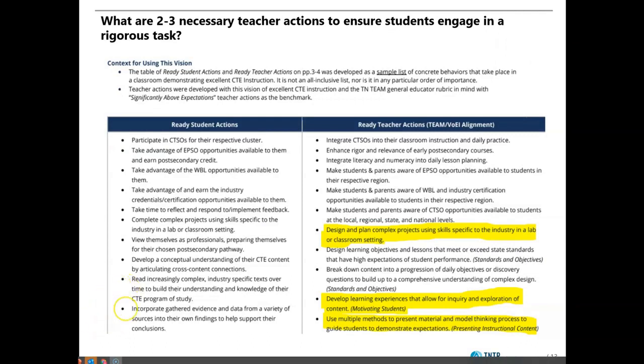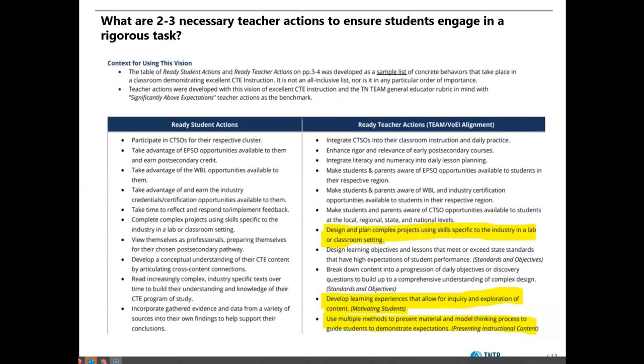So if you were to see my paper that highlighted the 2 to 3 necessary teacher actions to ensure that students engage in a task, these are the 3 that I would have selected. And these are going to reappear a little later when we observe a classroom.